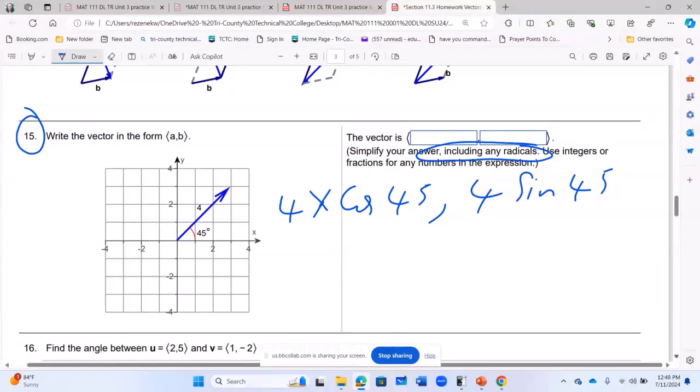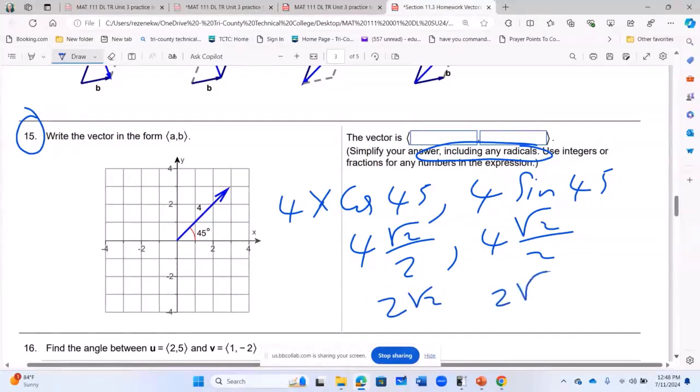You're using special right triangles. So I have 4 √2/2, comma 4 √2/2. Divide by 2, I have 2 √2 and 2 √2. The vector is in the first quadrant, so I don't have to worry about the sign. That is the component form of the vector.